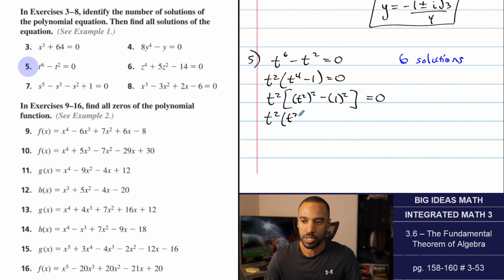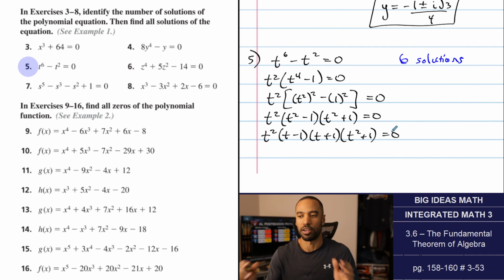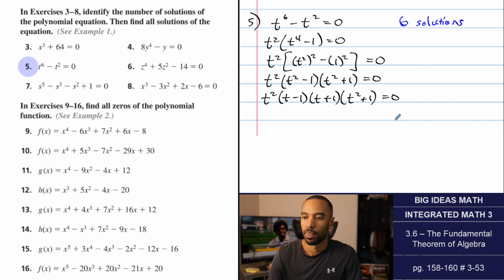So this factors into t squared minus 1 times t squared plus 1. And t squared minus 1 is its own difference of 2 squares, where it factors into t minus 1 times t plus 1. So we're getting this down to factored form. T squared plus 1 can't change, at least not as far as how we write factored form over the real numbers. And now we can solve some of these.